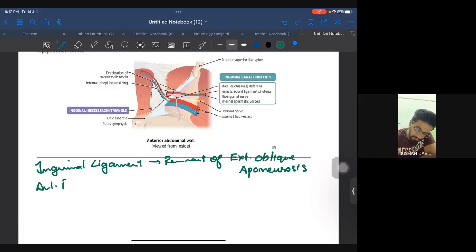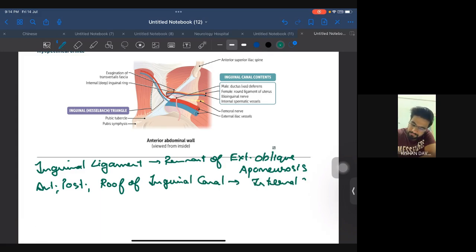Anterior, posterior, and roof of inguinal canal: internal oblique, transversus abdominis, lateral wall.